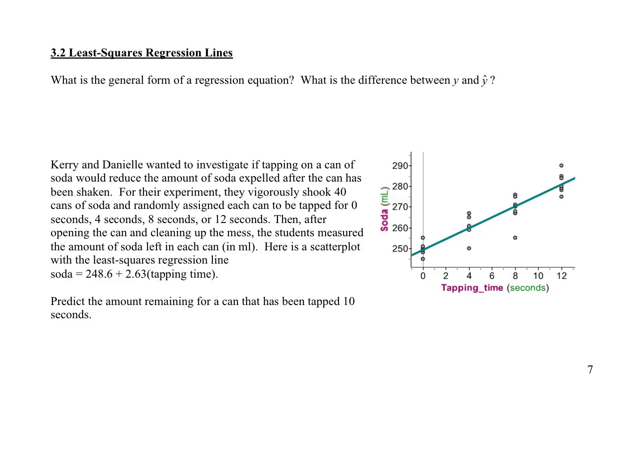So the general form of a regression equation looks like y hat is equal to a plus bx. A is the y-intercept, b is the slope, y hat is the predicted value of y for a given x.